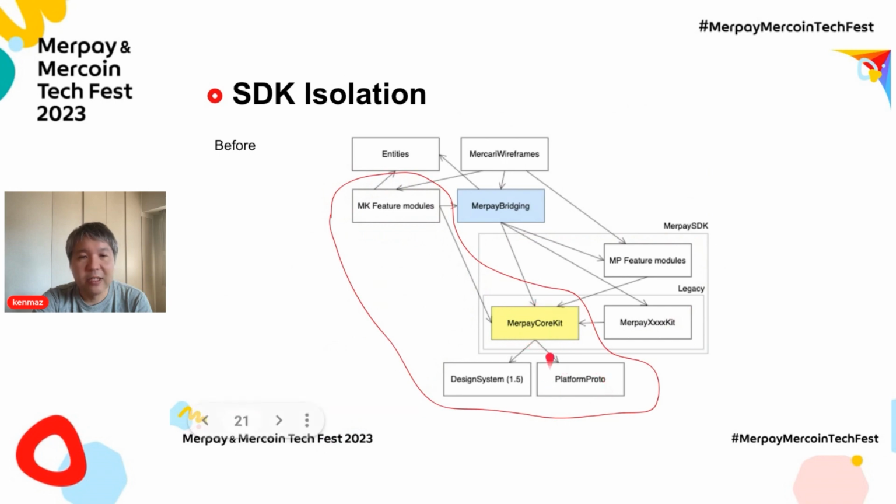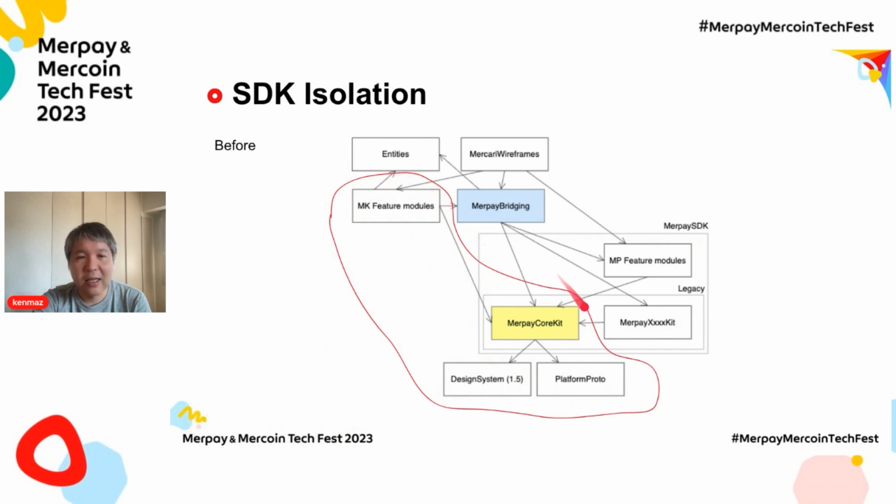The Merpay core kit itself relies on the protocol buffer or the design system 1.5 module. This is the dependency. So the Mercari feature itself has migrated into design system 3.0, but because of the build dependency, it also depends on design system 1.5, and the library size is quite big.